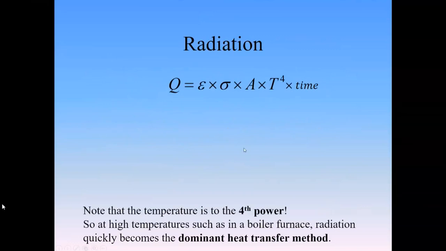If we talk about the equation for radiation, so when we talk about the amount of heat that's radiated from a surface, we have an equation that looks like this, and really what we have is a few factors that come into the heat exchange rate. We have the emissivity, so how good is a surface at emitting radiation.